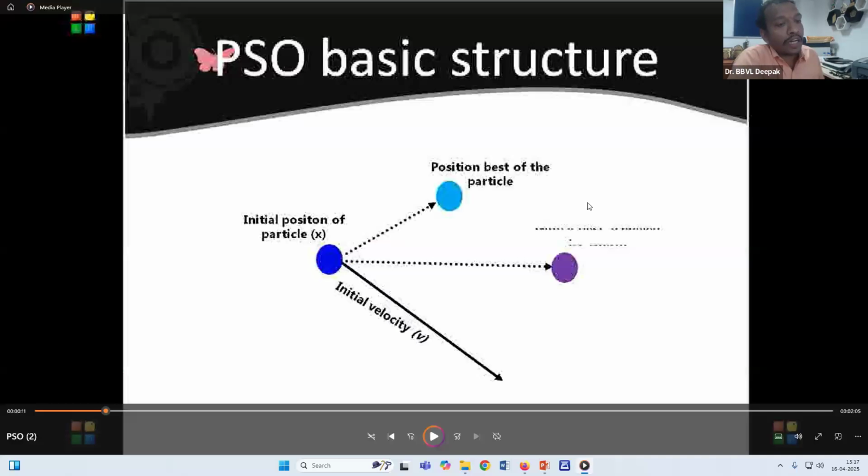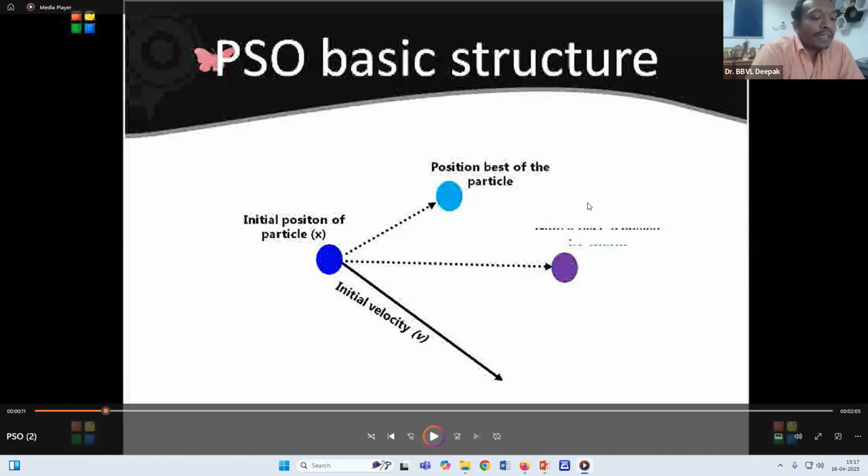So this is how particle swarm optimization is inspired. Among a swarm, I am considering one particular bird. The bird has an initial position, let us say X. Of course, it is moving in some direction, so it has a certain initial velocity. Now this bird wants to move to its best position, called the position best of the particle, or the position best of the bird.